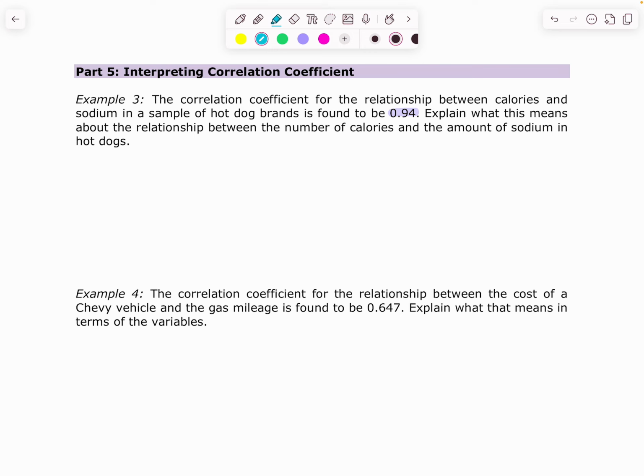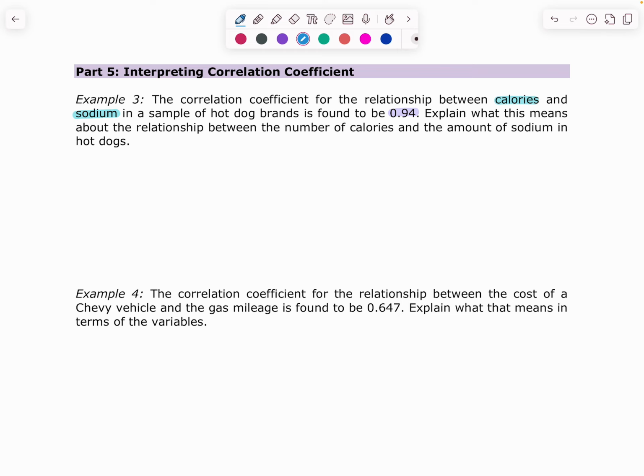So thinking about these variables, I have calories and sodium. I have to think first about which one of these would be my explanatory variable and which one would be my response variable.